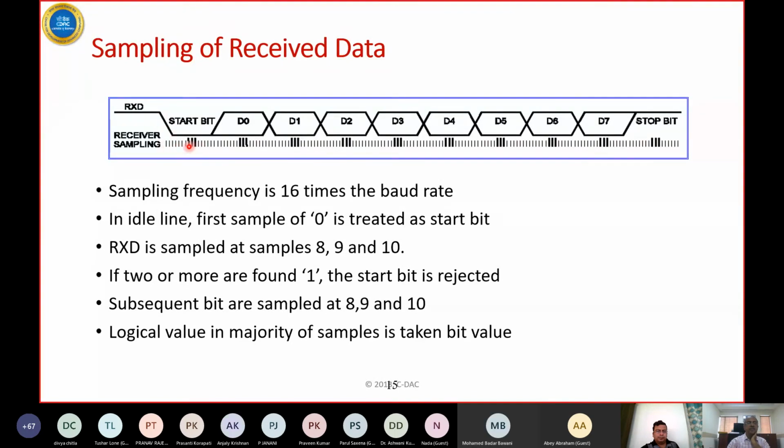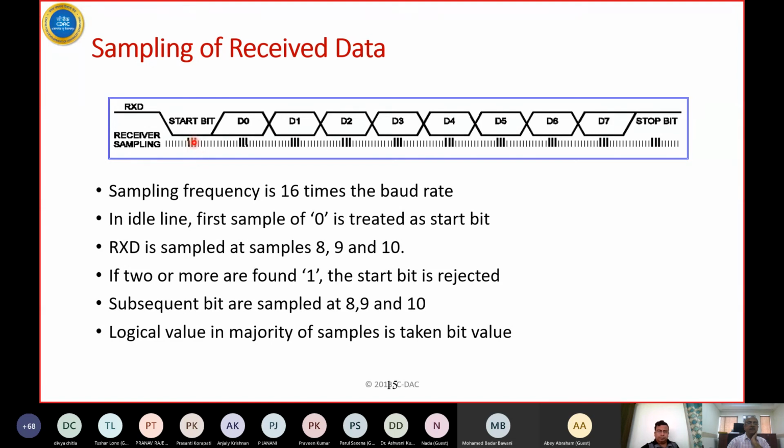So it will wait for half a bit period. Here it will check whether the line is still low. If there was a glitch like this here, which went up again, then the start bit will be sensed as 1, which means it was a glitch and not really a start bit. But if it finds that it is continuously low in the middle samples, number 8, 9 and 10, that means it's a valid start bit.